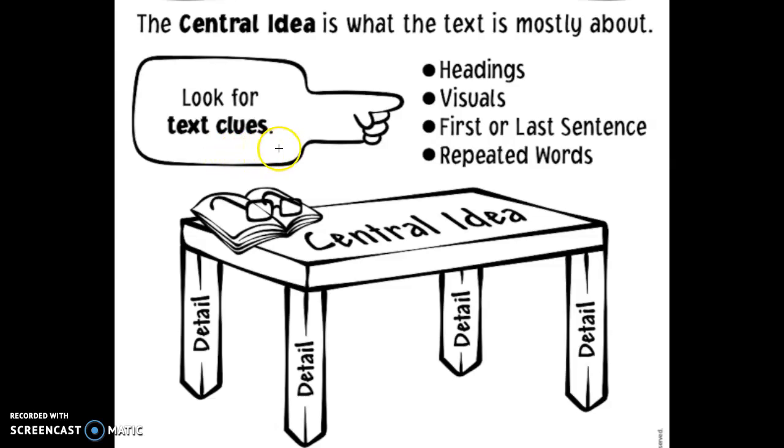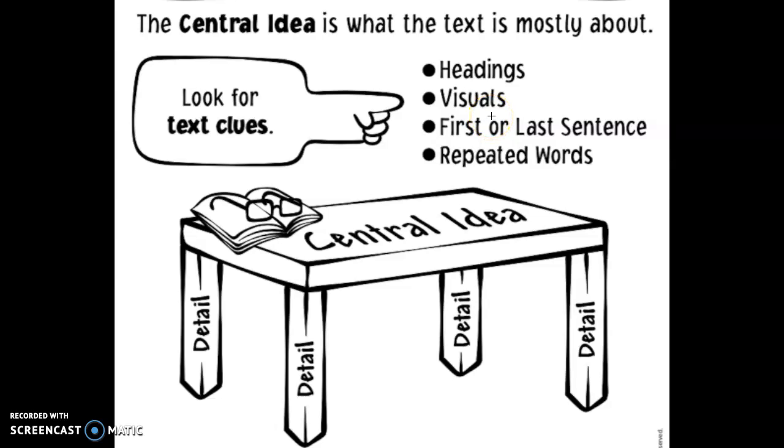When you're looking for central idea, you can look at the headings in a text. Those are those small mini titles that come at the beginning of each section of a text. Another clue that you can use to figure out the central idea or what your text is mostly about is the visuals.